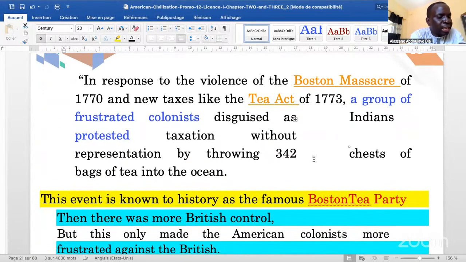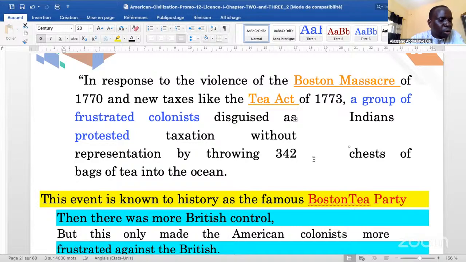So I told you that on March the 5th, 1770, some protesters were not happy with the act. Yes, and then they were demonstrating, and the British Army fired on them, and that was the Boston Massacre. And then the British continued to impose taxes, but the American colonies always wanted to say no. Now remember, class, I told you that in 1770 there was a Boston Massacre.